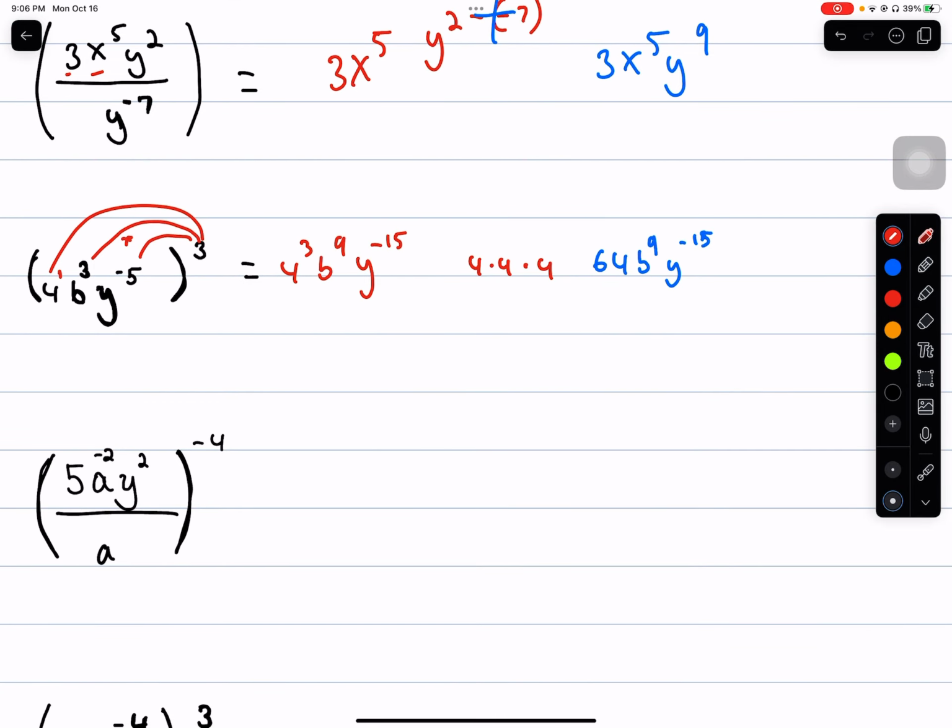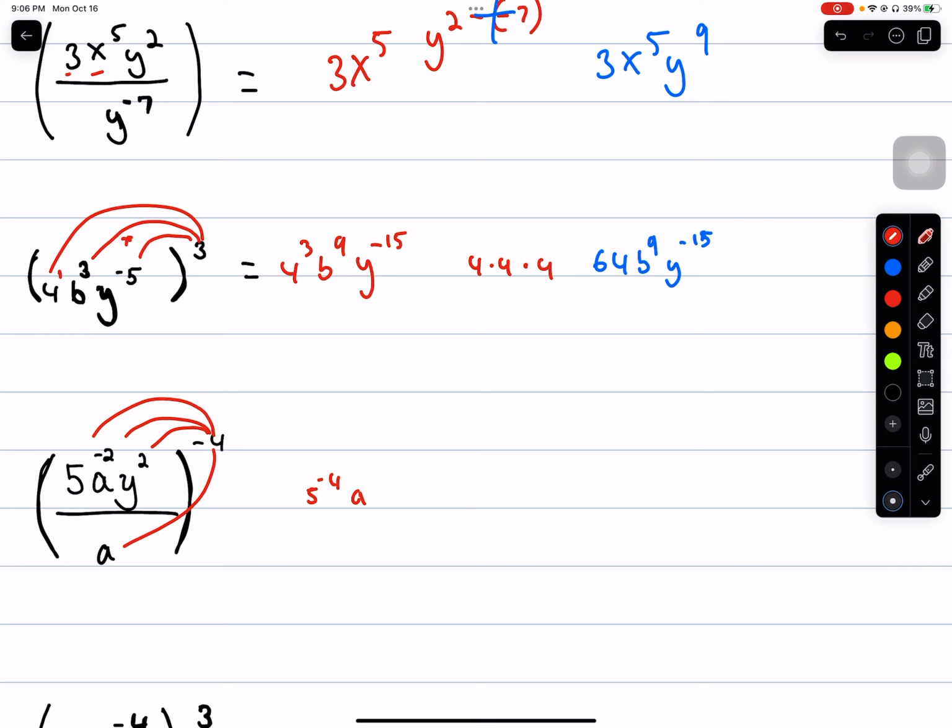Power for power rule again. Now with this, one more time, we are multiplying. Whenever we see the power for power, we are going to multiply. So that's 5 to the negative 4, a negative 2 times negative 4.